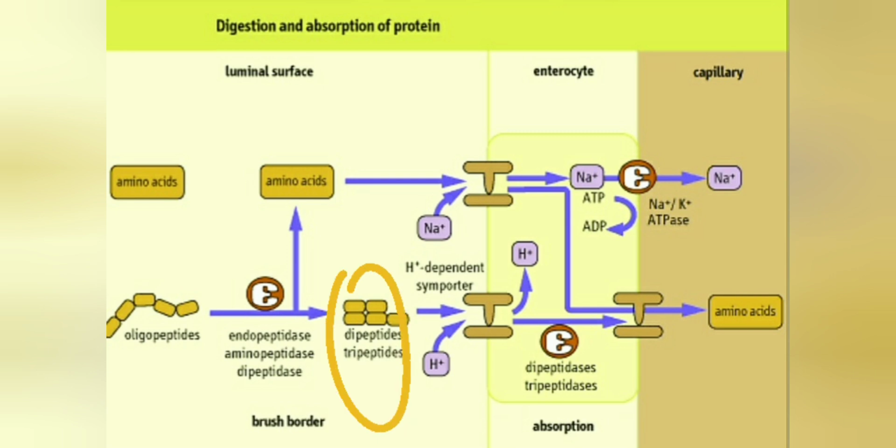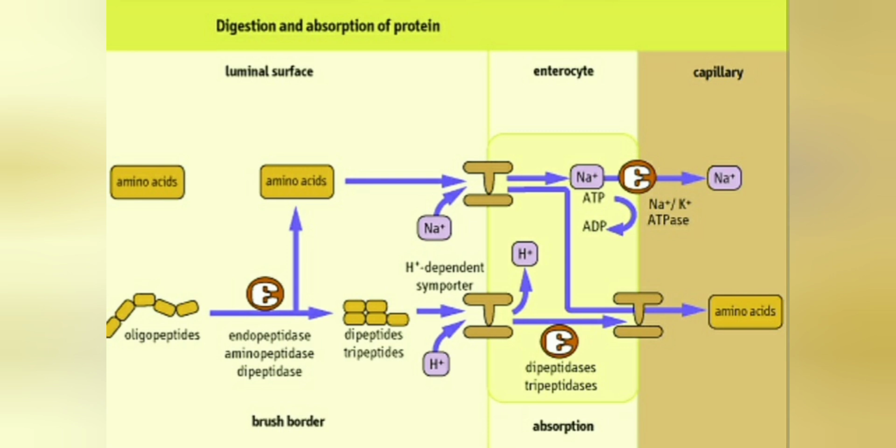Single amino acids move from the lumen into the enterocyte by facilitated diffusion in sodium linked transporters. But for di and tripeptide transport, a hydrogen ion symporter is needed. The di and tripeptide and hydrogen ion enter into the cell in the same direction. That is why we call it a symporter.